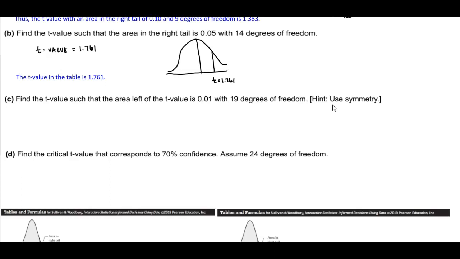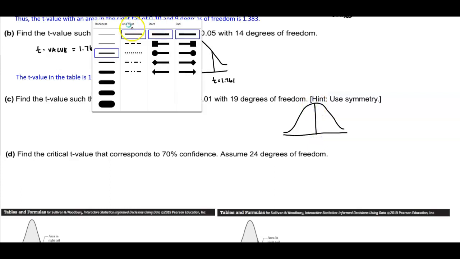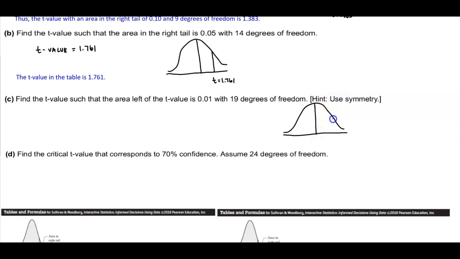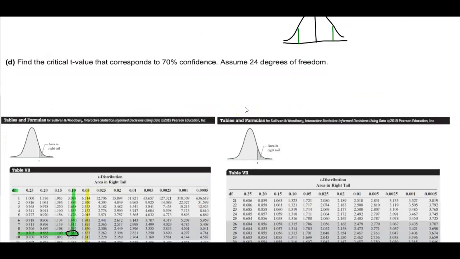What does it mean by symmetry? Well, if we have a bell curve, and this is our mean, then we have two t-values. We have a t-value here for the area on the right, and another t-value here for the area on the left. So we know that our area is 0.01 and our degrees of freedom is 19.